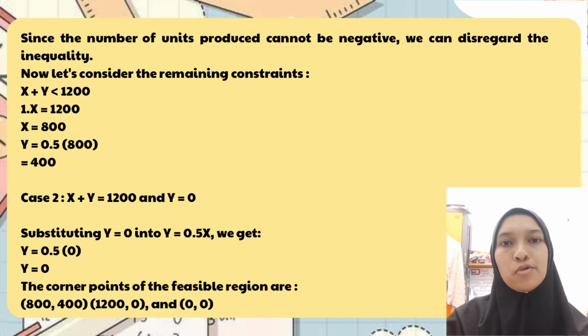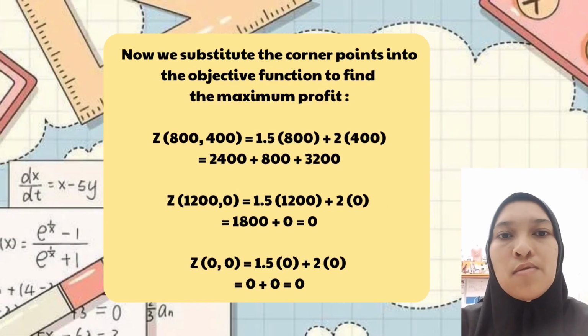The corner points of the feasible region are (800, 400), (1200, 0), and the last (0, 0). Now we substitute the corner points into the objective function to find the maximum profit.